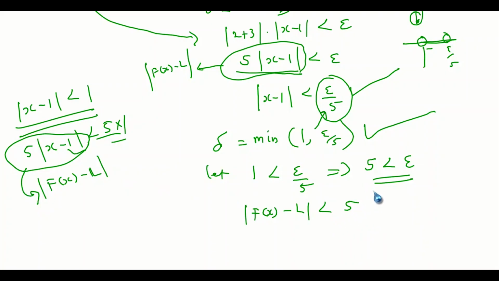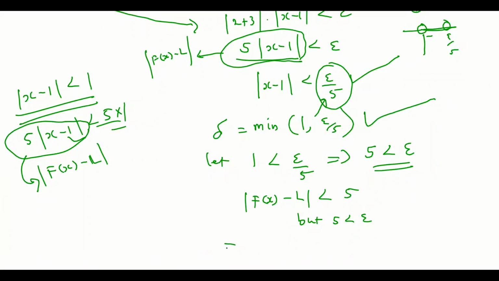But we said from here 5 is less than epsilon. So that means we can say that the absolute value of f of x minus L is less than epsilon.